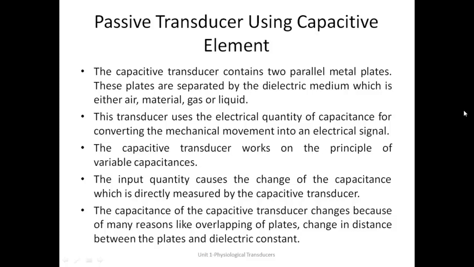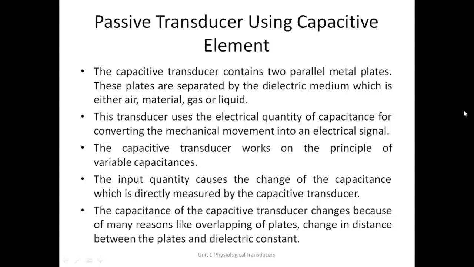Other than mechanical movement, you can also measure certain other quantities, right? So the idea is that the physical quantity will affect the capacitance in some way or the other, and that will result in a change in the electrical signal. The capacitive transducer works on the principle of variable capacitance. That is, the capacitance varies with respect to the input signal.